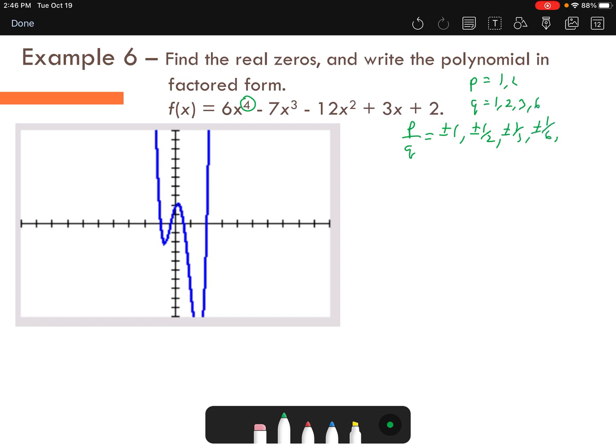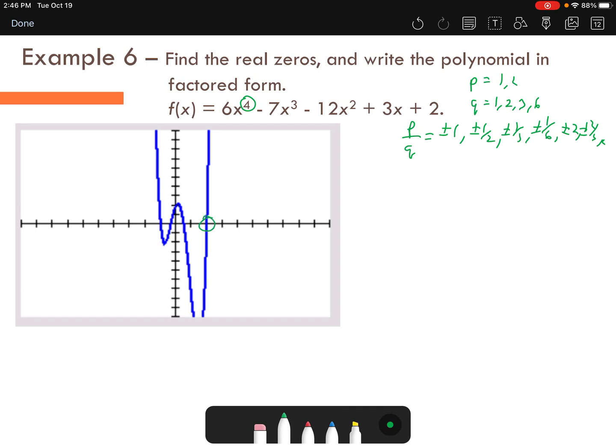Oh, I forgot 6, didn't I? And 1 over 6. And then we have 2 over 1. 2 over 2 is 1. 2 over 3. And 2 over 6, which is 1/3 already. And then that's it. So those are our options.